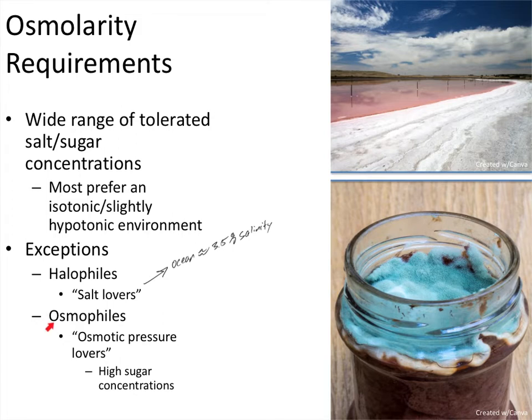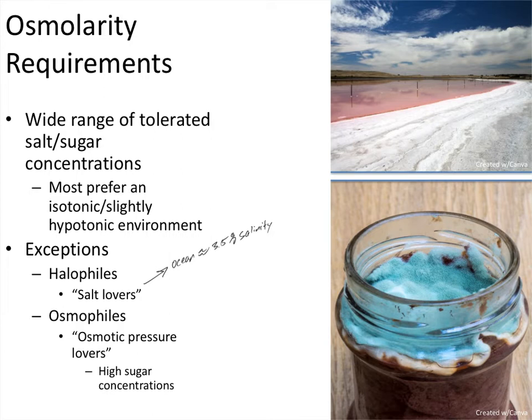Osmophiles are technically organisms that love osmotic pressure, and most of the time we're talking about sugar content there. There isn't necessarily an exact number that I can give you that defines what is a high sugar content, but think about something like jam or a full sugar soda. Those are things that are very, very sugary.